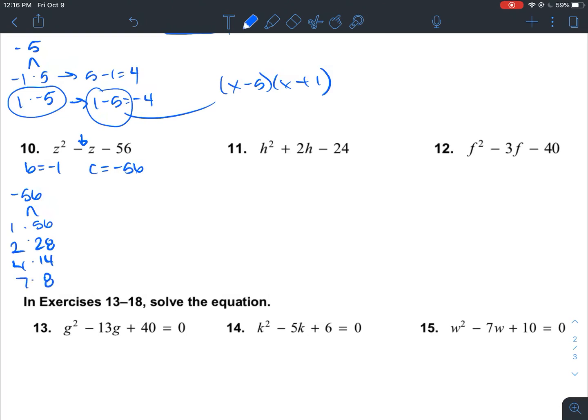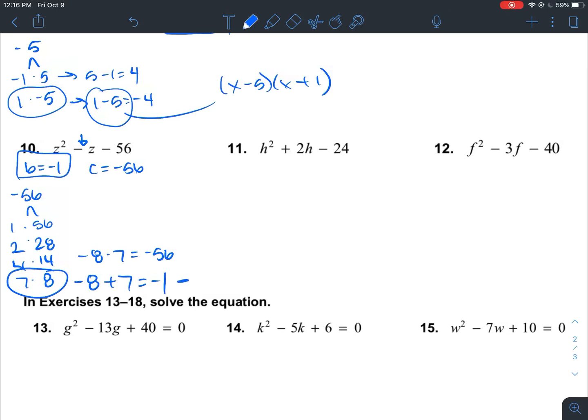Okay? Now think about it. One of the numbers in the pairs has to be negative, so that whenever you add and subtract them, you get negative 1. So I'm looking at this pair right here, because if I take negative 8 plus 7, that's going to be negative 1, but also negative 8 times 7 is equal to negative 56.